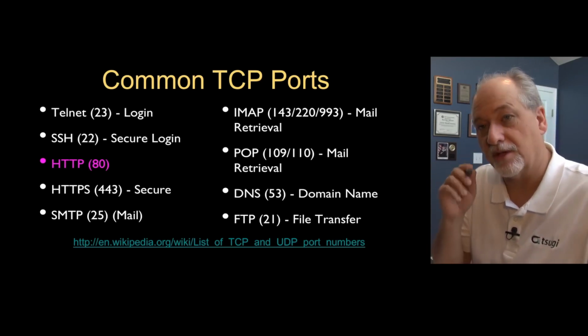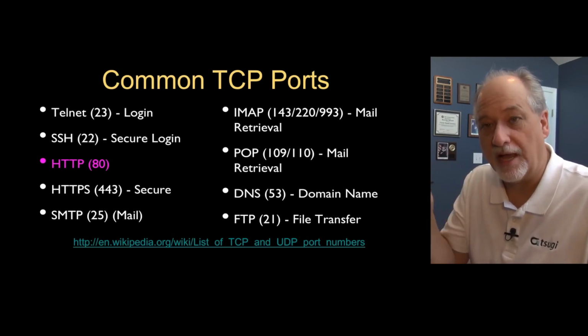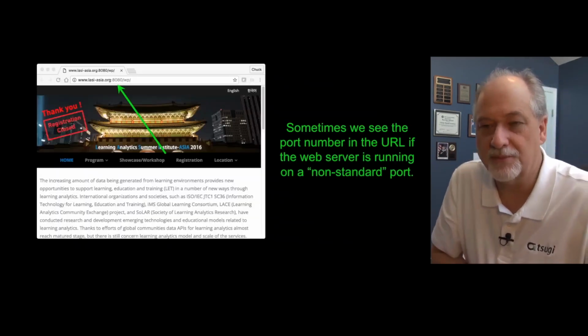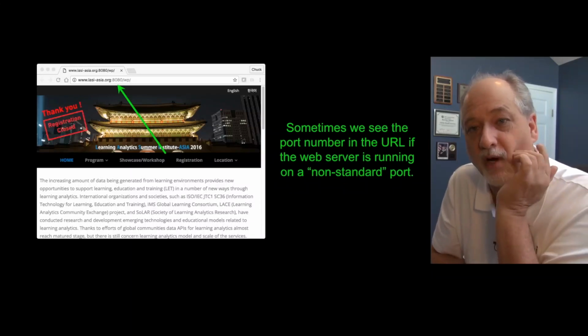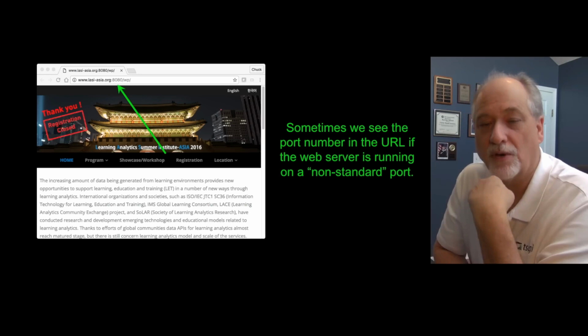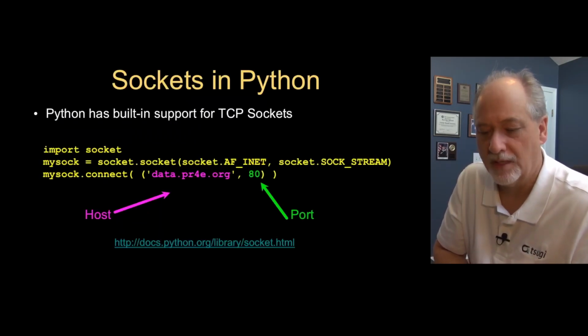These are the typical, commonly used default extensions for various network application processes that are serving us data. Now, sometimes you'll go to a URL and you'll see a colon and a number. That means it's a web server that's running on a port other than the official 80 or 443 port.